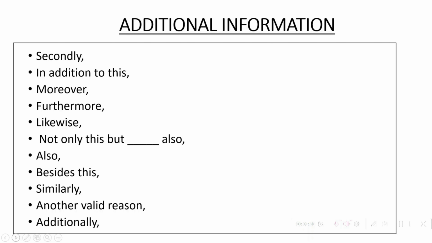So when you want to add information, you can write secondly, which shows that you're writing the second point. Or in addition to this, moreover, furthermore, likewise, not only this, but your second point you can write here also contributes to.